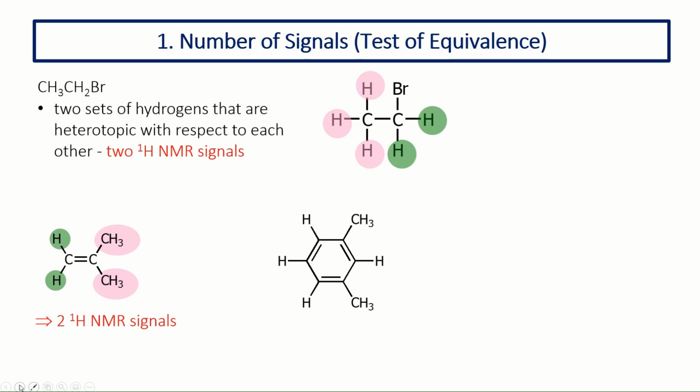Herein, you can see there's a line of symmetry here, and so we have those 2 being equivalent or homotopic. Those 2 sets are homotopic, and that is quite different from that one. And so we end up with 4 signals.